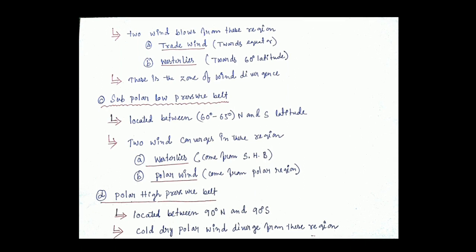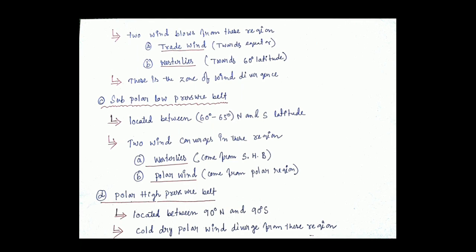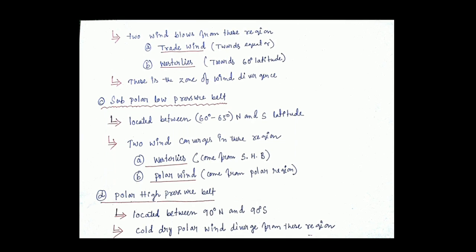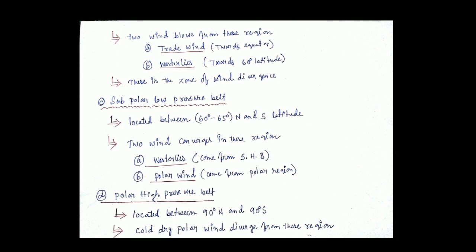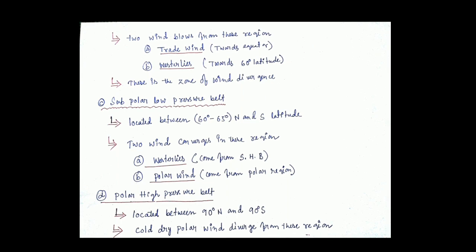The first one is westerlies, which I have already discussed, that blows from the subtropical high pressure belt, from those 30 to 35-degree north and south latitudes towards 60 to 65-degree north and south latitude. The next one is polar wind, which comes from the polar region, that is 90-degree north and 90-degree south latitude.